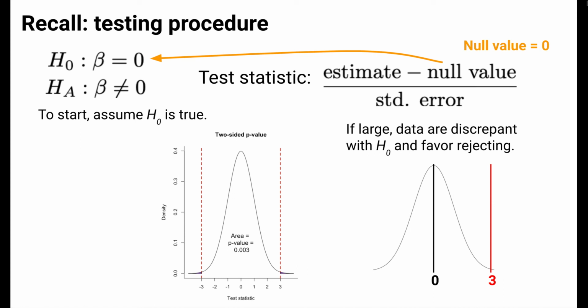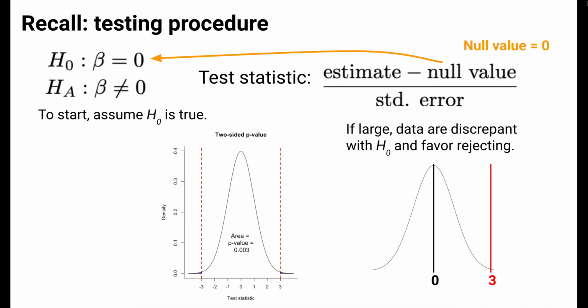Because thresholds for determining whether test statistics are large enough vary from situation to situation, we look at areas underneath the sampling distribution as a calibrated measure. Specifically, we look at areas beyond, more extreme than, our observed test statistic. If the test statistic is large, this area will be small. For the two-sided alternative, we look at a two-sided area because we are considering estimates of both signs.